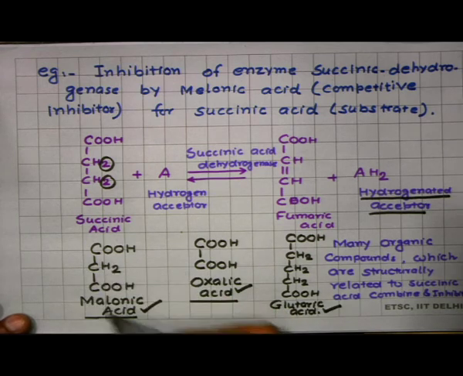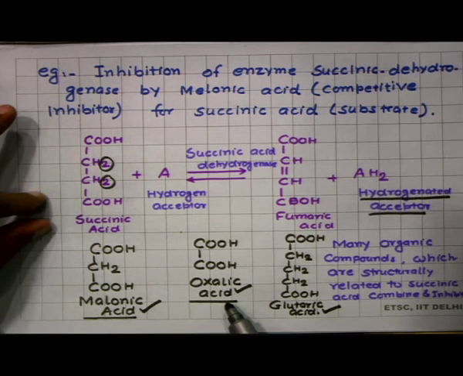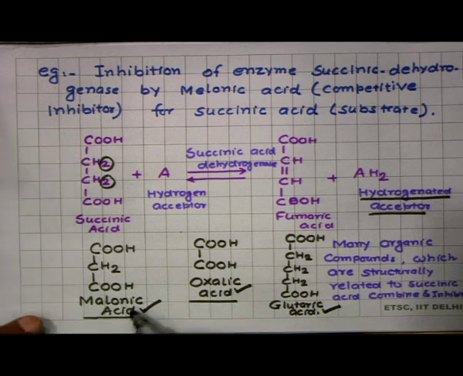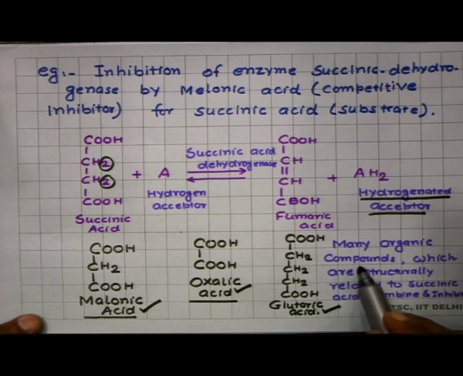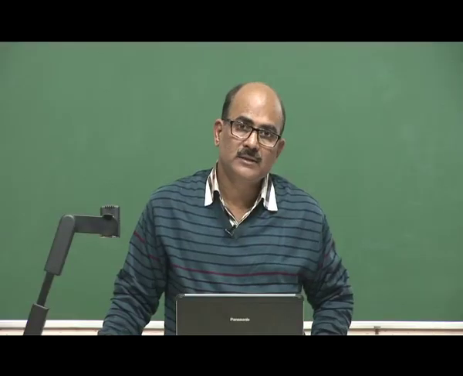These three act as inhibitors, combining with the enzyme instead of succinic acid and forming malonic enzyme complex, oxaloacetic enzyme complex, glutaric enzyme complex, and then there will be no formation of any type of product. Many organic compounds structurally related to succinic acid act as inhibitors and affect the product formation.